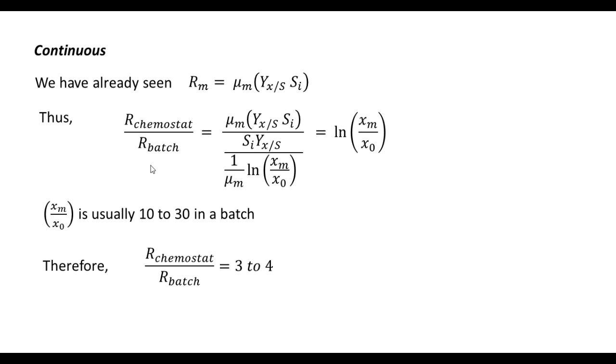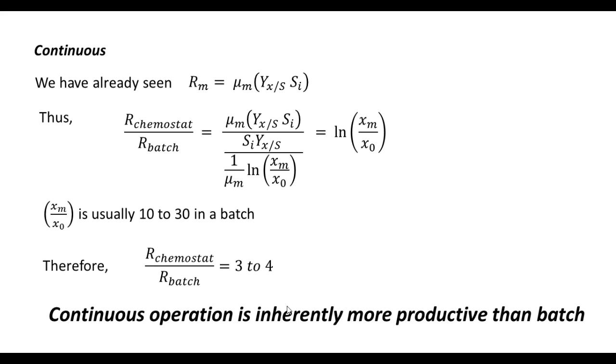Therefore, the ratio of the maximum productivities of a chemostat to that of a batch is 3 to 4. And what does this say? Inherently, the chemostat is 3 to 4 times more productive than a batch reactor, right? So this is by the very nature of it.